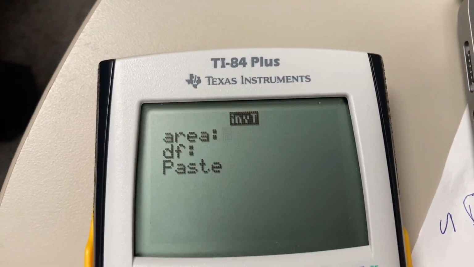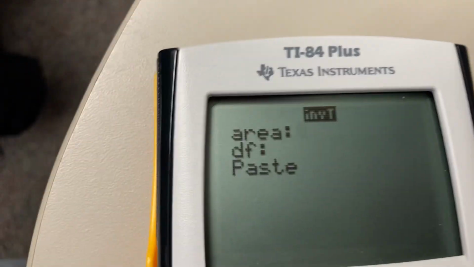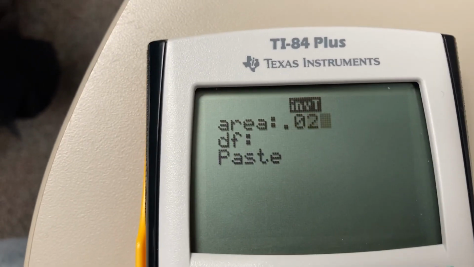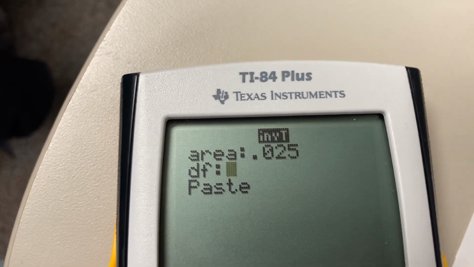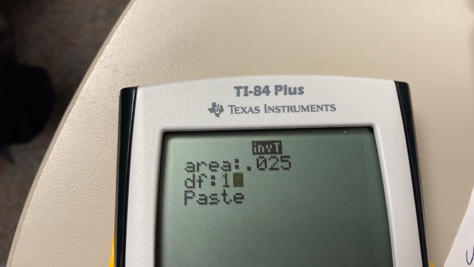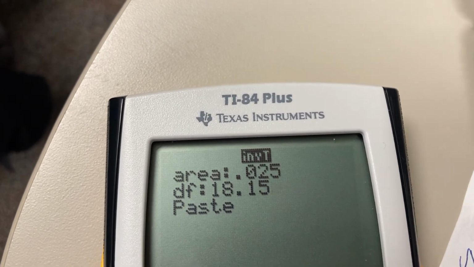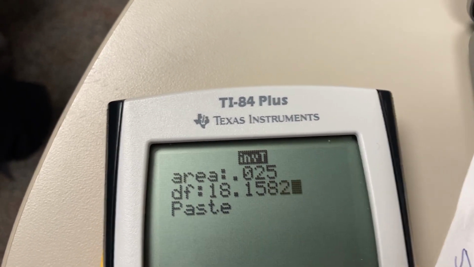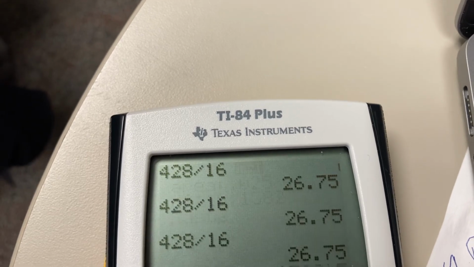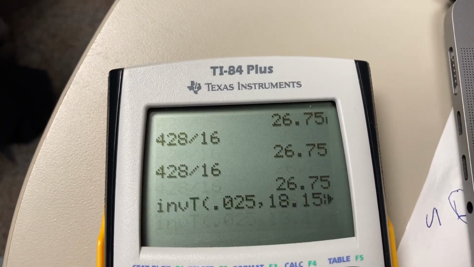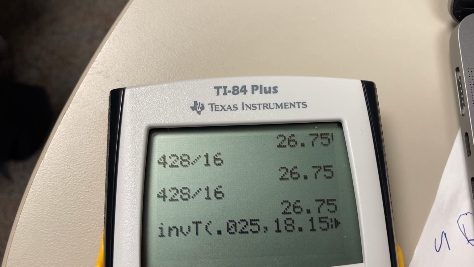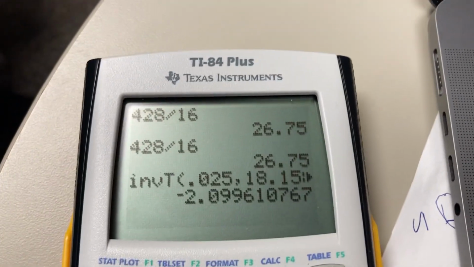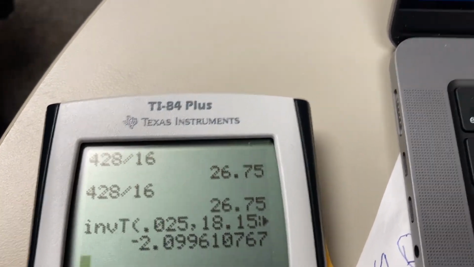So our area is 0.05 on this problem, so we're going to split it to 0.025 because it's a two-tailed test. And our degrees of freedom would be 18.1582. And we go ahead and hit paste. And we hit enter. And we're going to have this negative 2.0996.